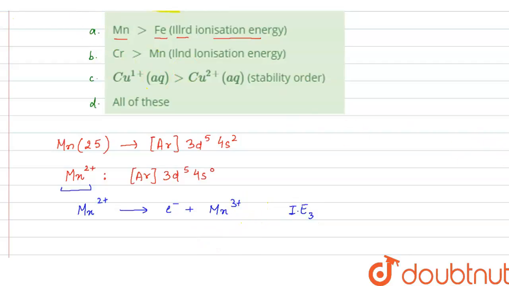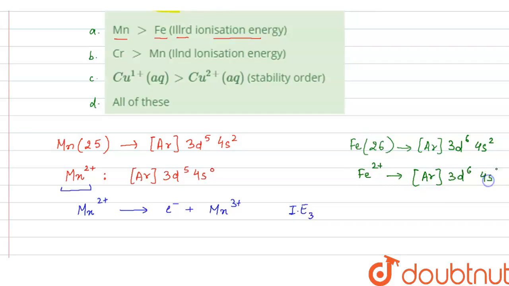Now if we talk about iron, iron atomic number is 26, so its configuration will be argon 3d6 4s2. When iron loses two electrons, its configuration will be argon 3d6 4s0.